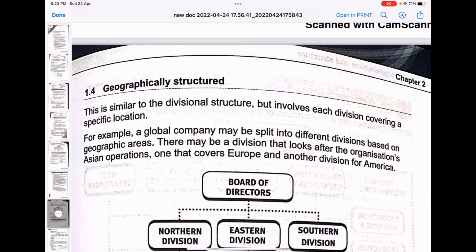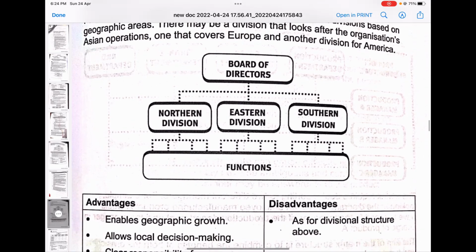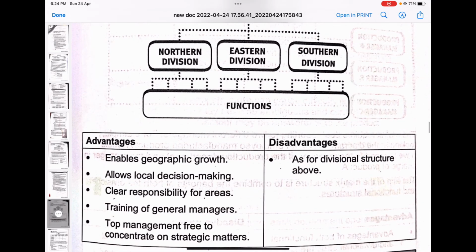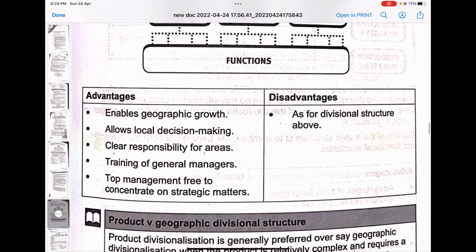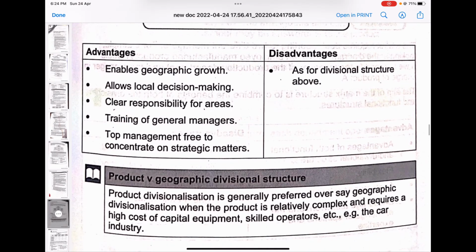For example, a global company may be split into different divisions based on geographic areas. Instead of having a cake department and ice cream department, or a marketing department and production department, we have the northern division, eastern division, southern division, Asian division, European division. I hope that's really easy. There's nothing to learn in this.